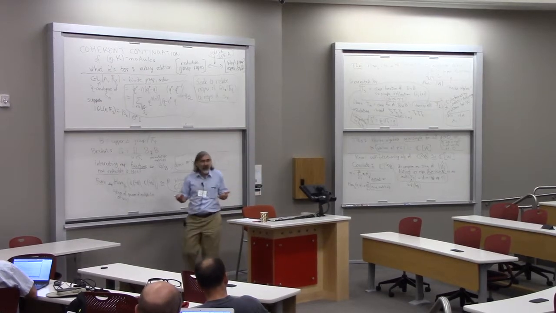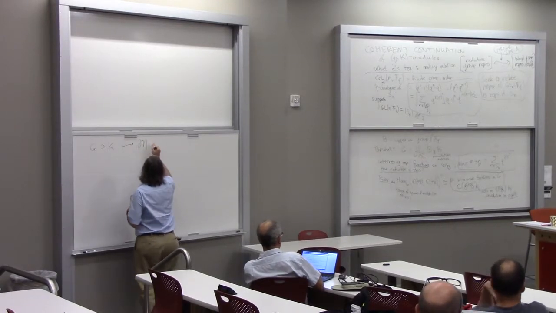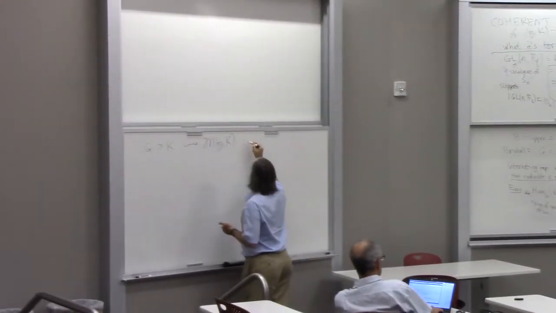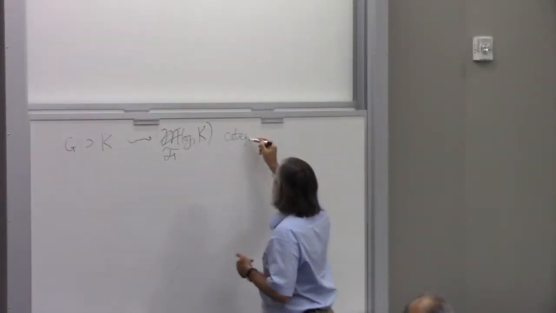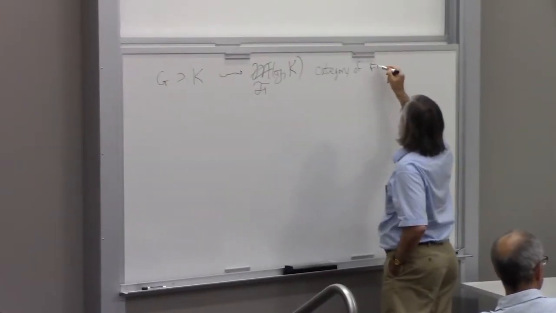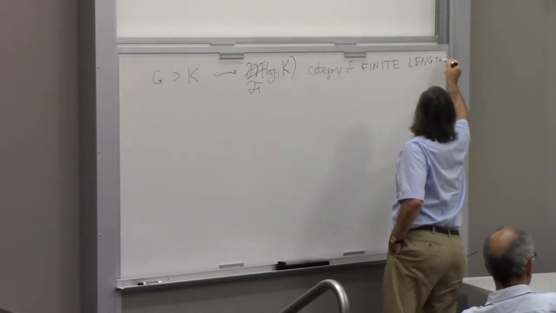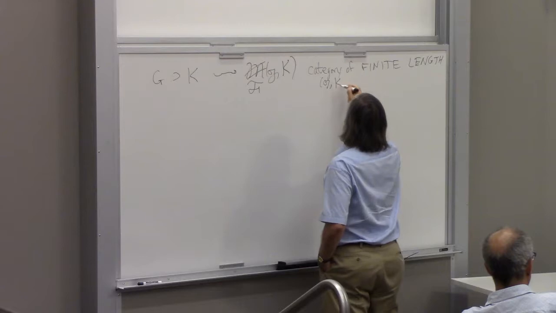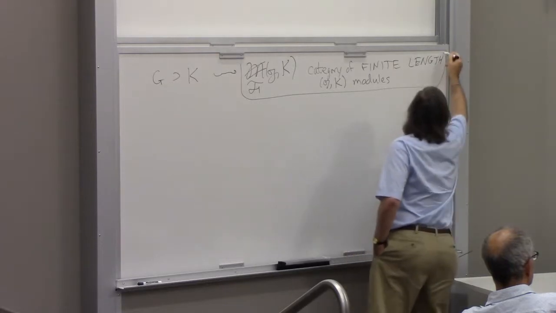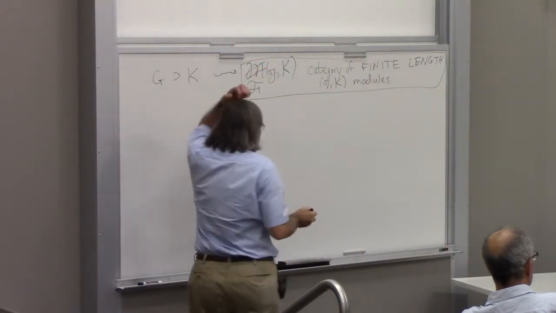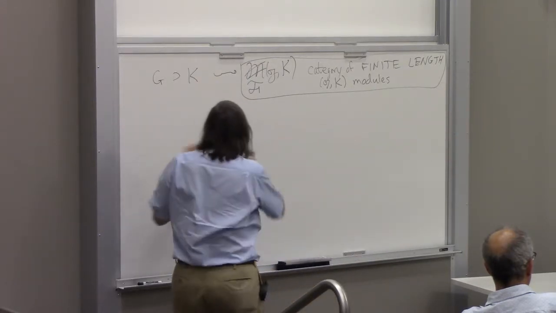So how do we get the Weil group? Again, we have this M of GK, maybe I'm going to write F of GK. This is the category of finite length GK modules. And what I want to do is what happened over there.